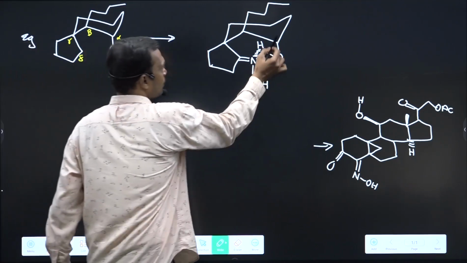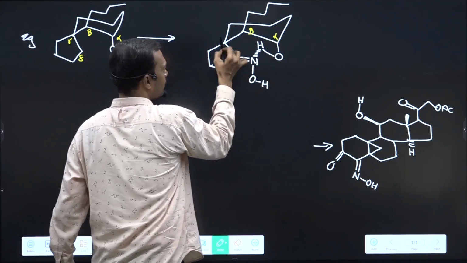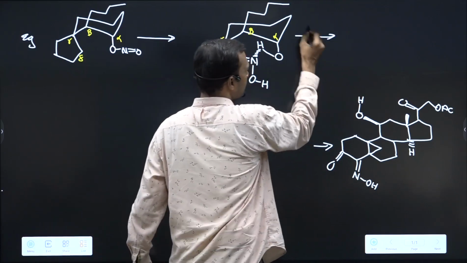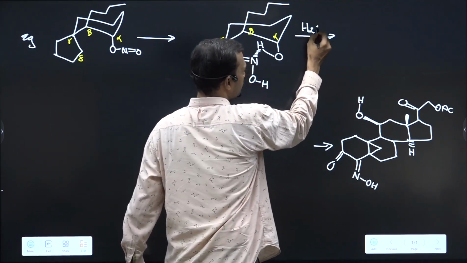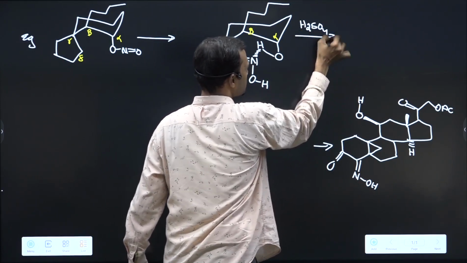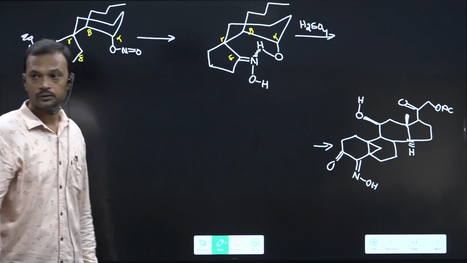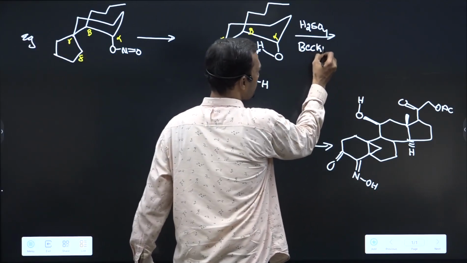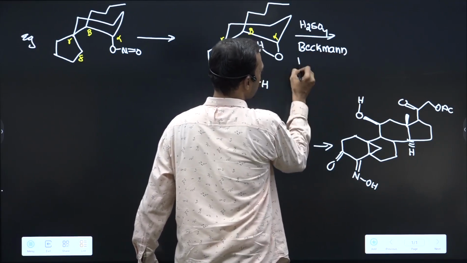Right? Initially alpha, beta, gamma, delta. Delta carbon carries the oxime. Now from here, see, if they give any H2SO4, H2SO4 means it is Beckmann rearrangement. Okay, oximes are involved in Beckmann rearrangement.